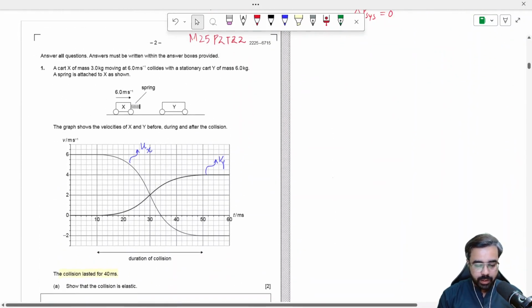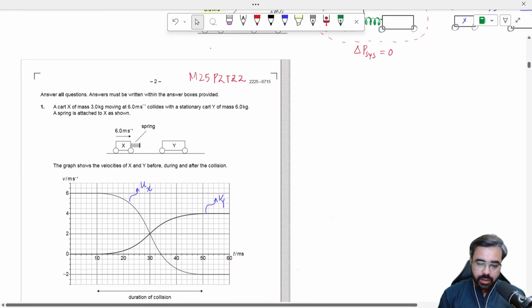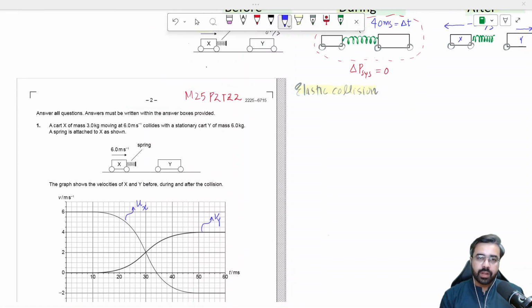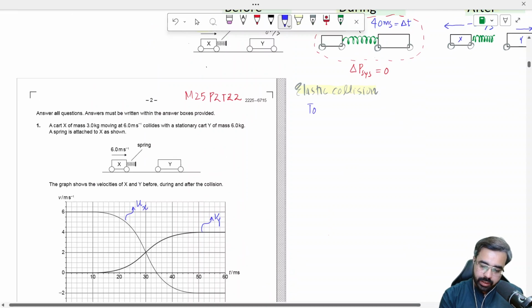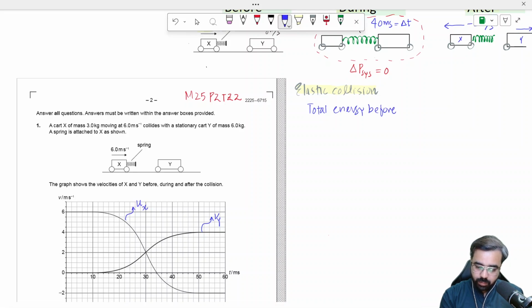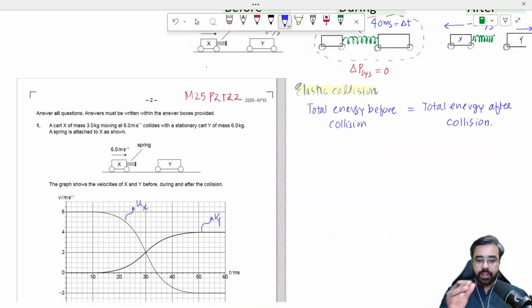So this is, in fact, the first question. We have to prove the energy, because if the collision is elastic, then it means that the total energy, the sum of all energies before the collision, is equal to the sum of all energies after the collision. So if these two sides are not equal, it means that some energy was surely lost and the collision is inelastic. Okay, so let us write the equation.